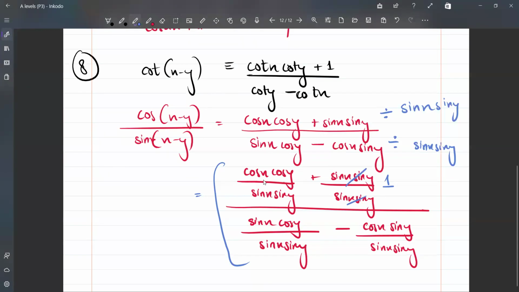Let me just write it. Cos x upon sin x is cot x, right? And cos y upon sin y is cot y plus 1. The numerator is sorted. And in the denominator, we got rid of sin y and sin y here.